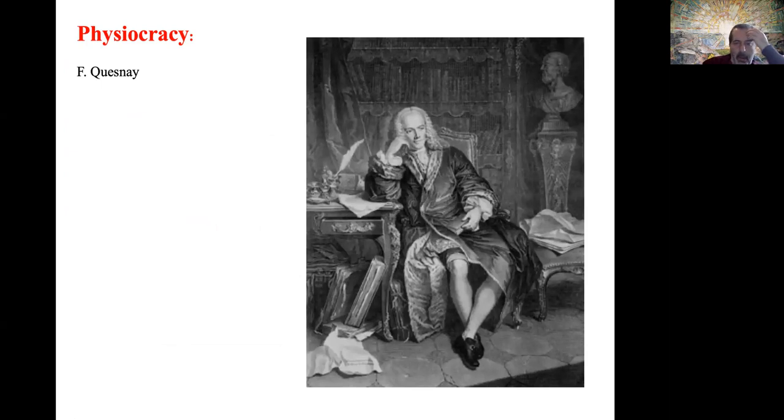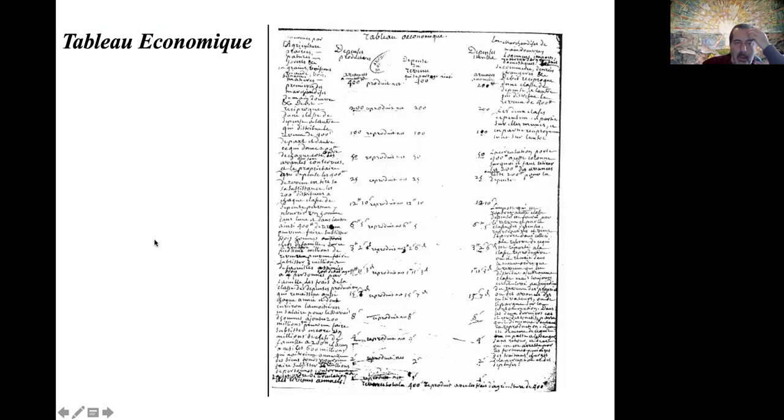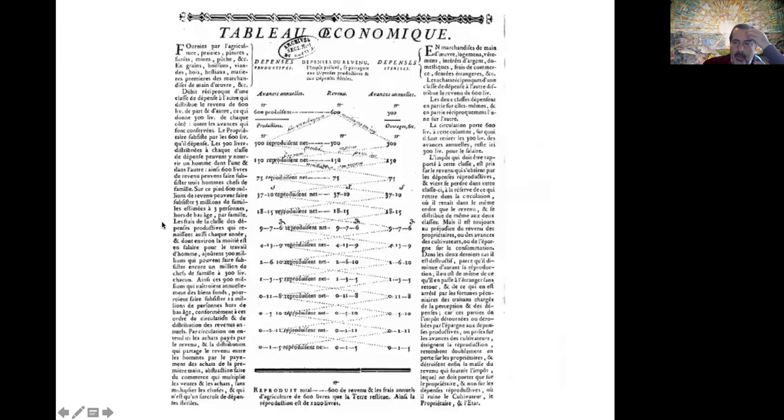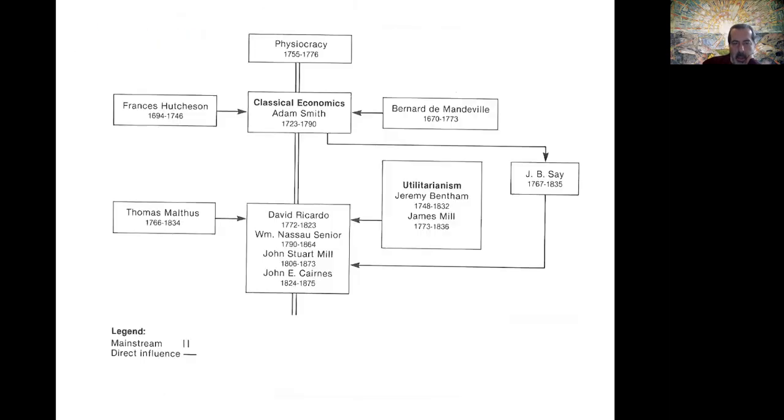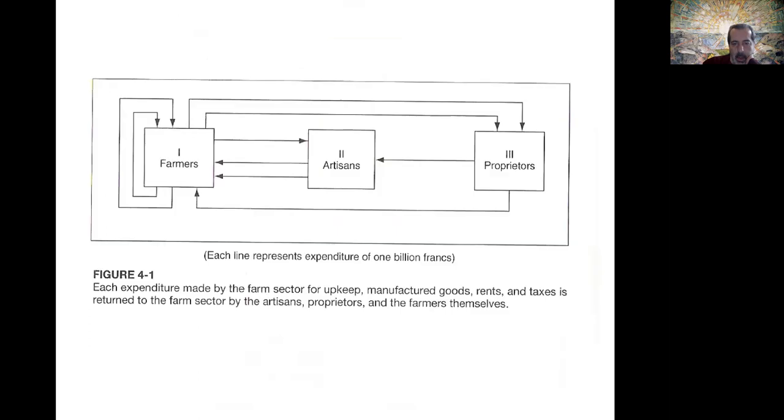He was a medical doctor, interestingly, but he developed what he calls the tableau economique, the economic table. An economic table is the first example of today's national income accounts, basically.